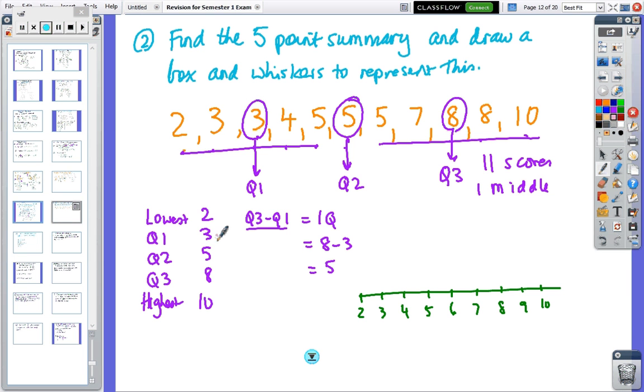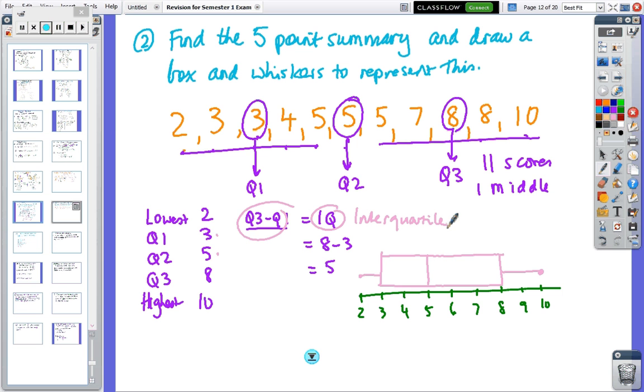Okay, 3, 5, and 8. So that becomes our box. And then our whisker joins the box to the top and to the bottom. And we're done. Okay, so Q3 minus Q1, that's called the interquartile range.